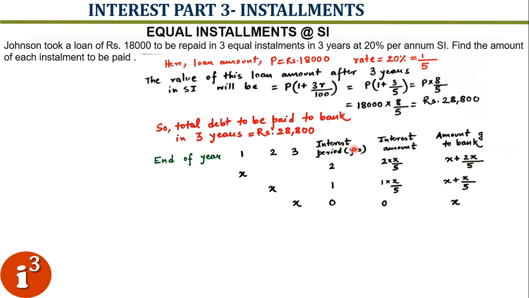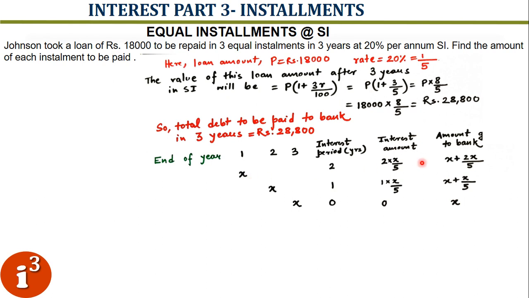So how much interest is the bank charging? 20%. So it will also give 20% on it, no? 20% means 1 by 5. So for 2 years it will be 2 by 5 x. This much interest will be generated on the installment you paid at the end of the first year.